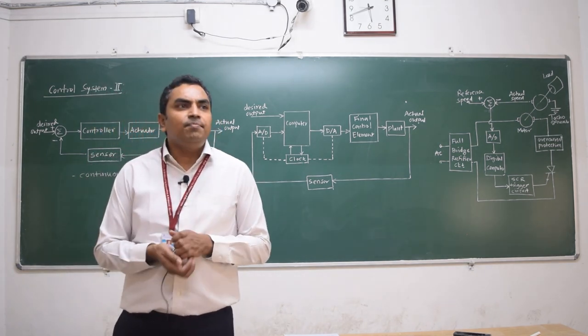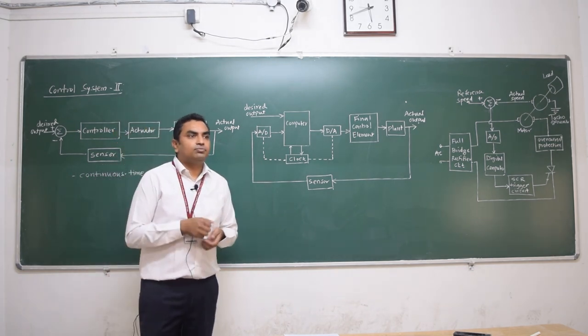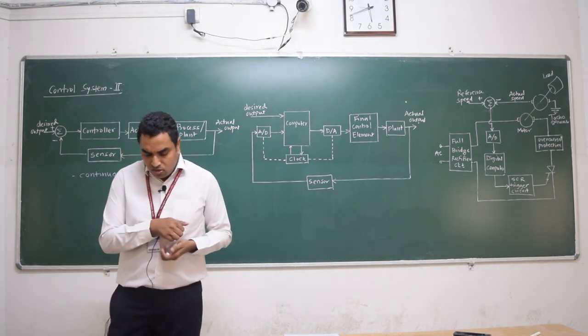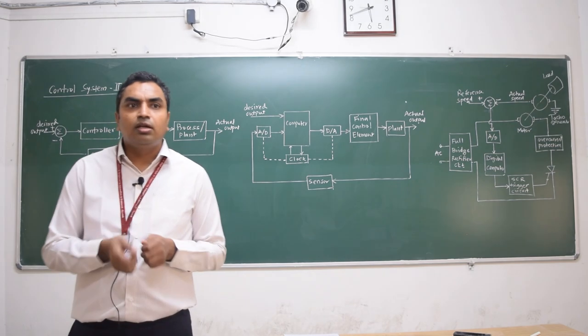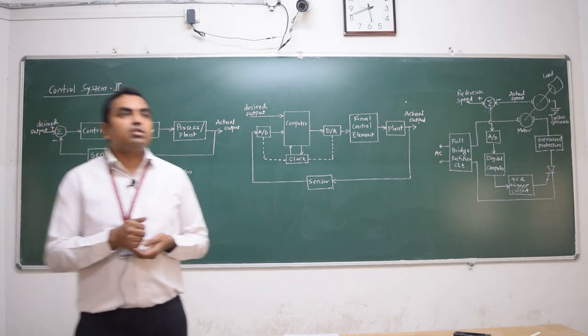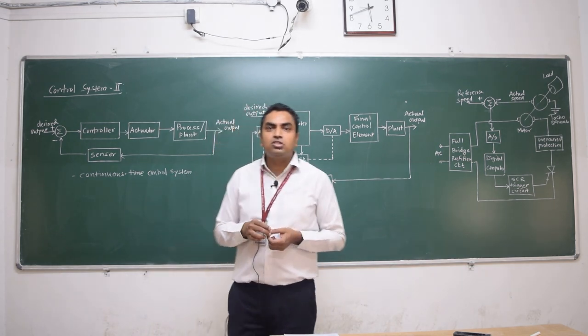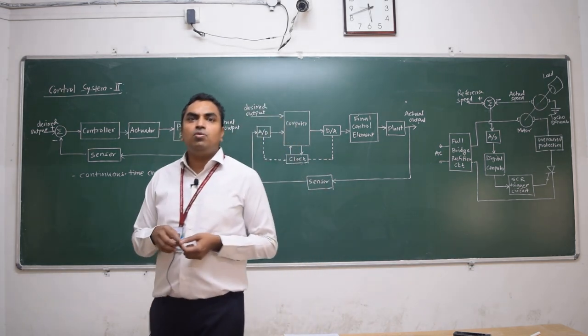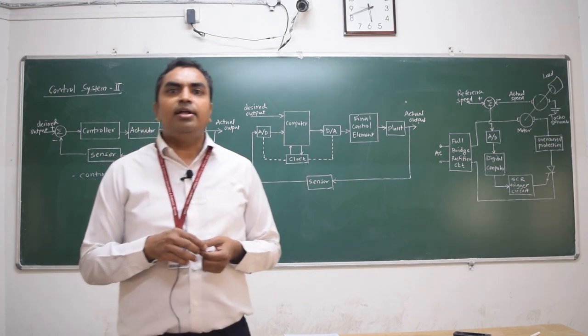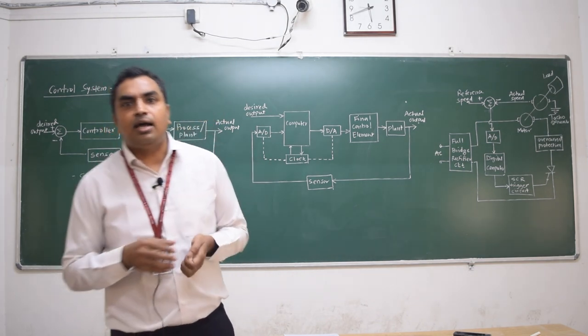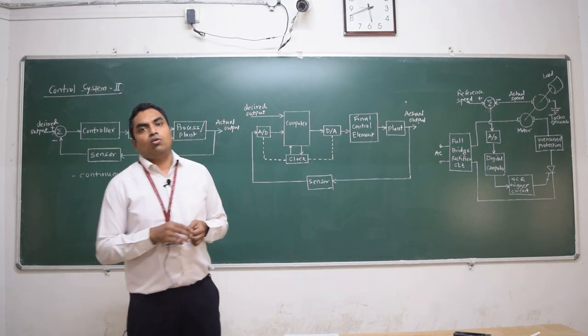So before we begin, let us define control system. Can anyone tell me what is control system? Yes, control system can be defined as the interconnection of the different components to form a system configuration so that it will perform a desired task or achieve the objective.